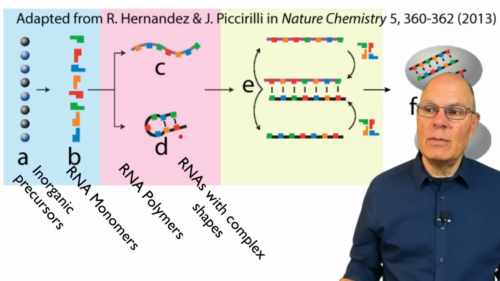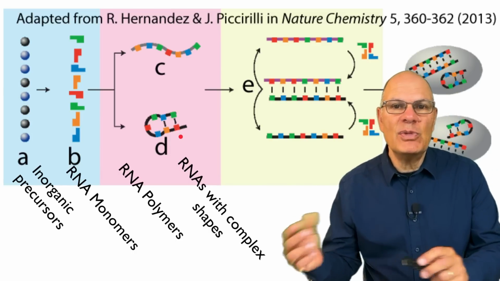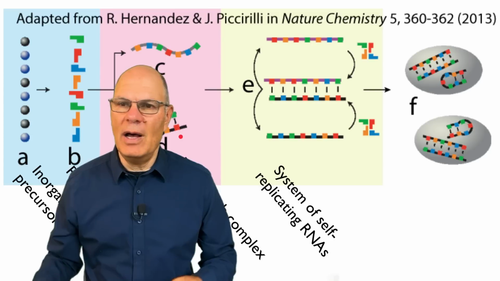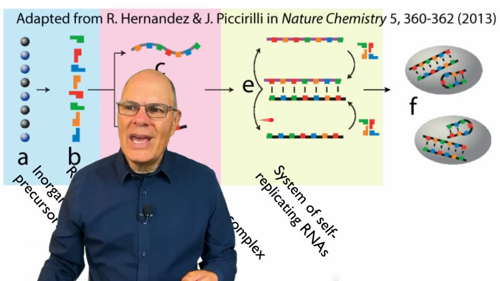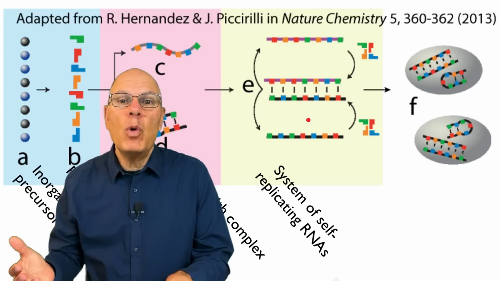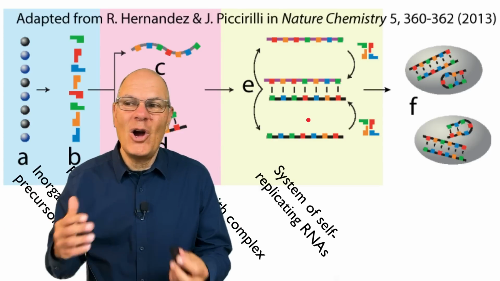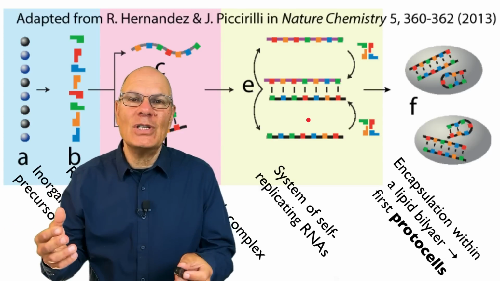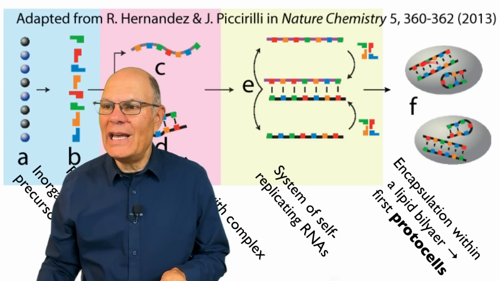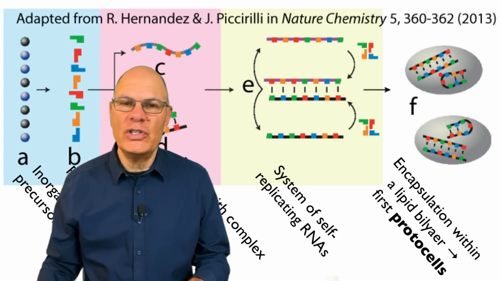One of those enzymatic properties could lead systems of RNAs. It doesn't have to be just one molecule, but there could be a system of interacting molecules that could lead the system to replicate itself. At some point, those self-replicating RNA systems would become encapsulated within some kind of lipid bilayer. And at that point, at letter F, we have a protocell.